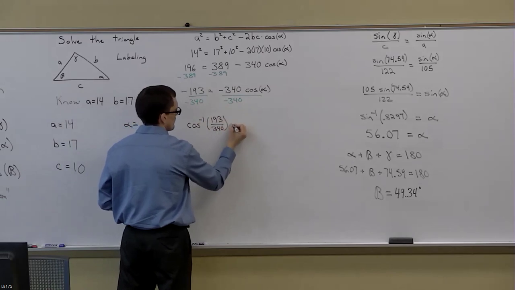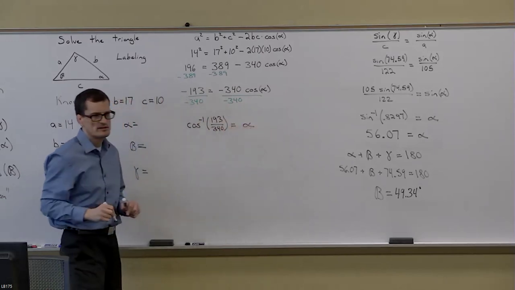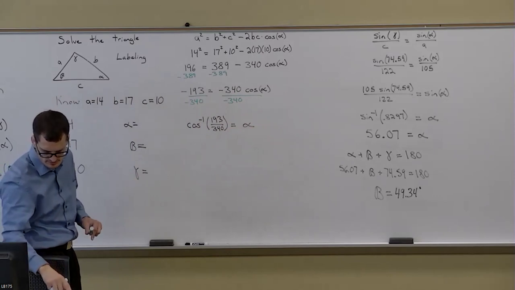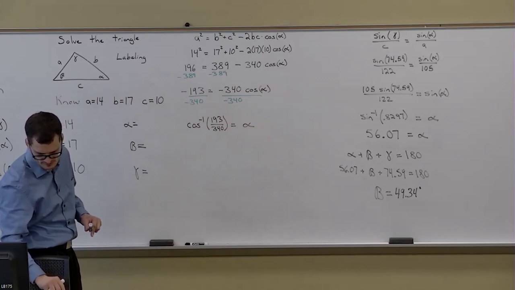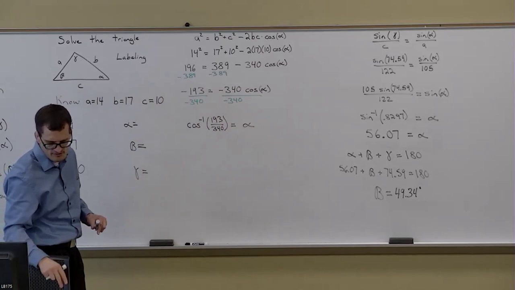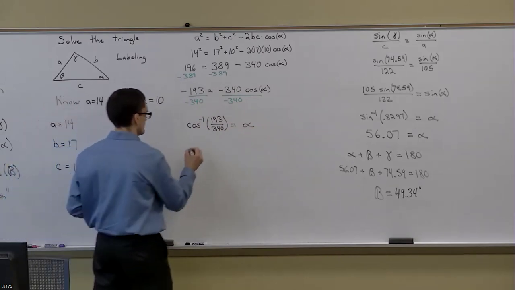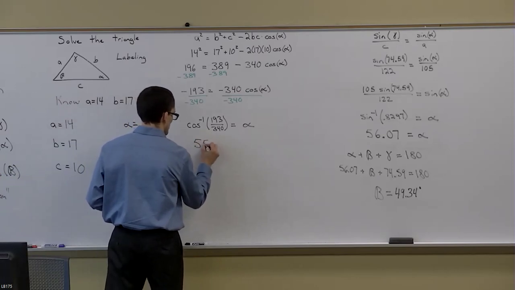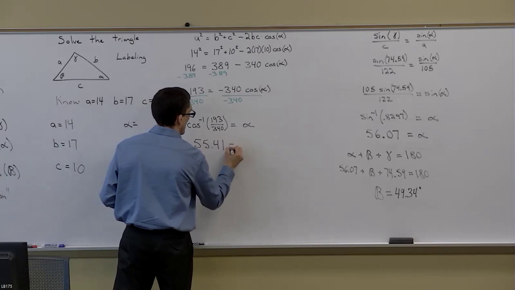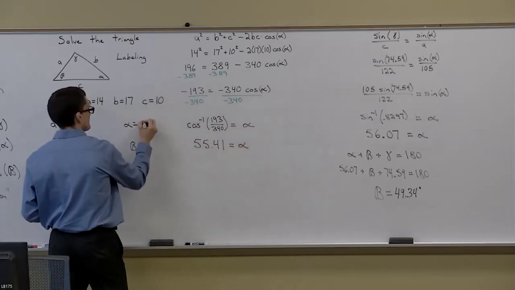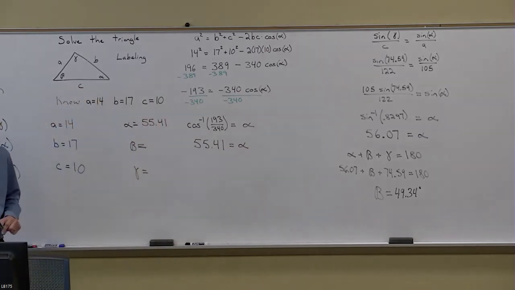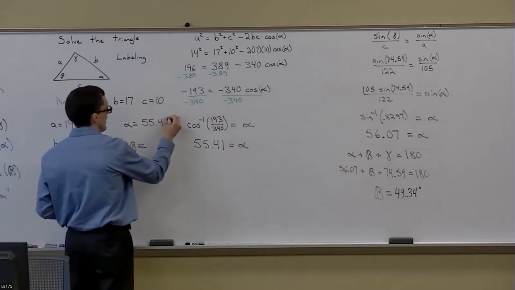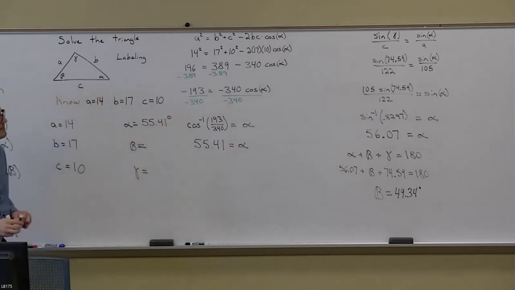You could use the decimal version of that if you like, it doesn't matter. And you get 55.41 as the alpha. So alpha is 55.41 degrees.